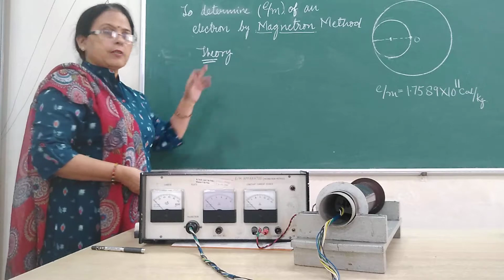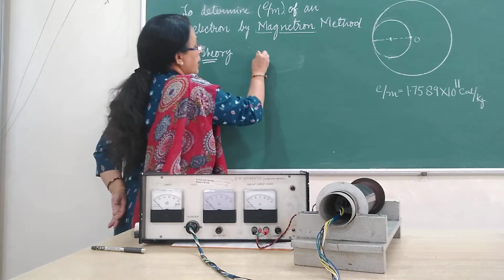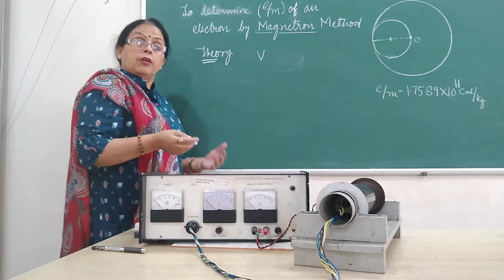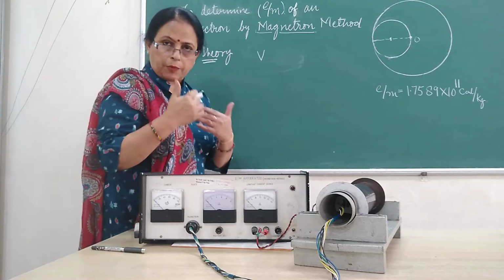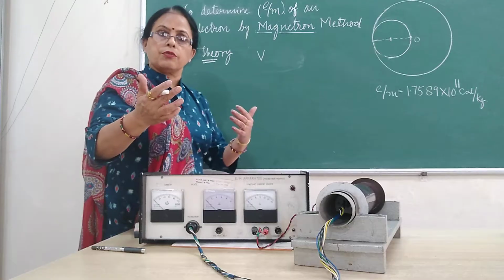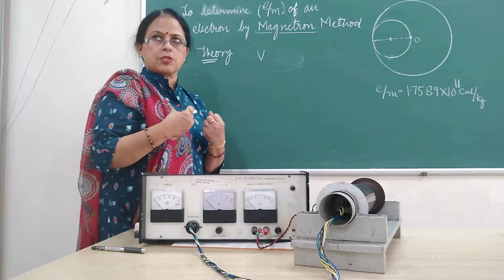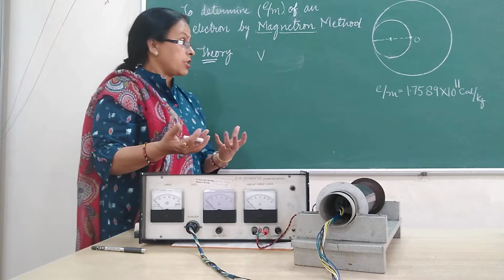First of all, suppose we apply a voltage across anode and cathode. Once electrons start emitting, they move radially outwards. Suppose initially the electrons are coming out with zero velocity.